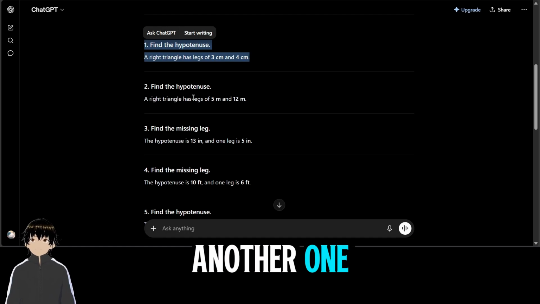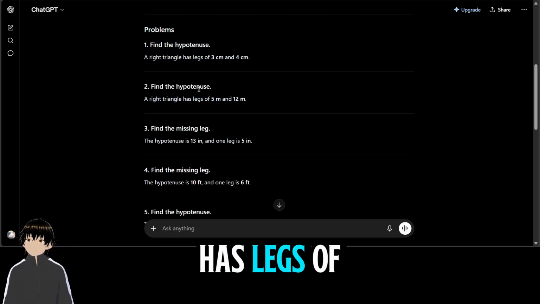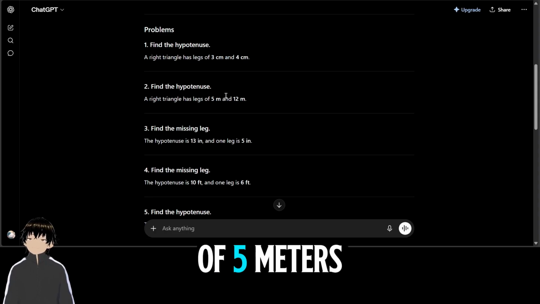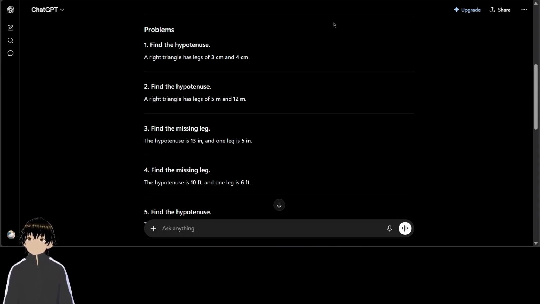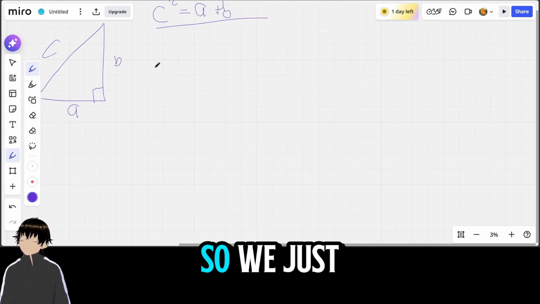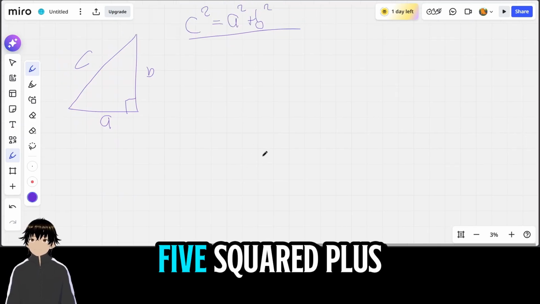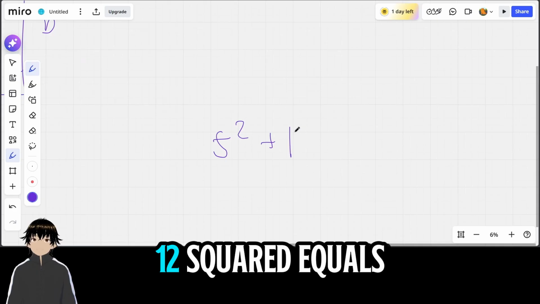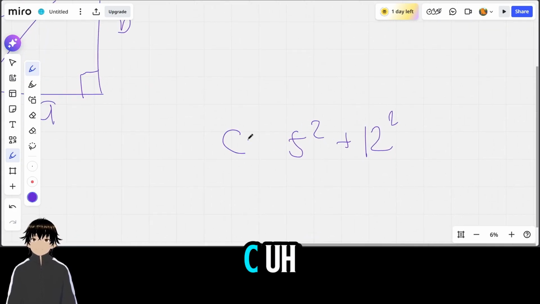So let's have another one. A right triangle has legs of 5 meters and 12 meters. So we just have to go with this again: 5 squared plus 12 squared equals c squared.